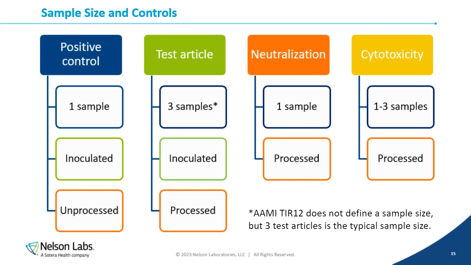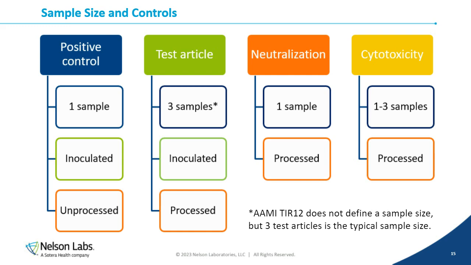So if your device is a little bit more complex, you may want to do more than 3 devices. And if your device is a little bit more critical, you may want to do more than 3 devices. If you have an endoscope or a probe, or something that is a little bit more difficult to disinfect, 3 test articles may not be sufficient.